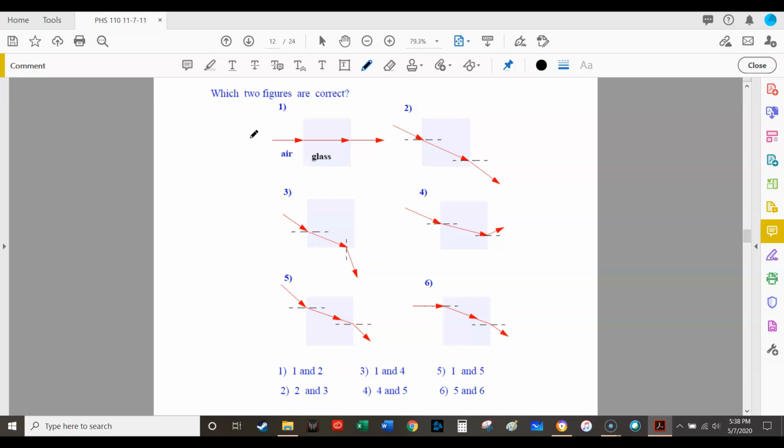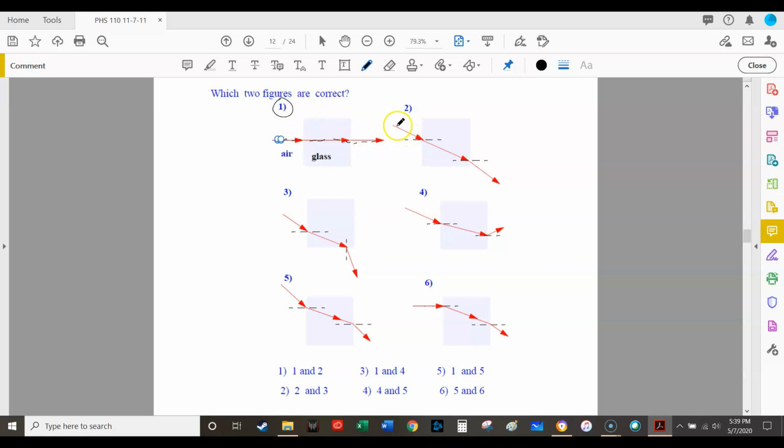Okay. Let's start with number 1. When it comes from air and hits glass and then exits through air, it's traveling along the normal the whole time. So it's not going to be bending, even though it's going from fast to slow in glass and then speeding back up to fast again. So number 1 is drawn correctly.